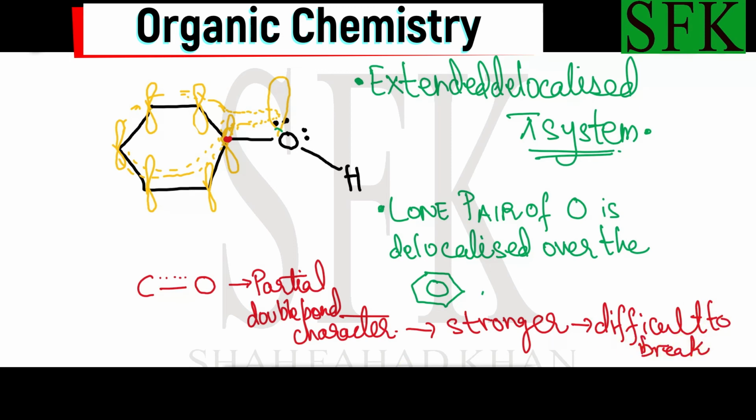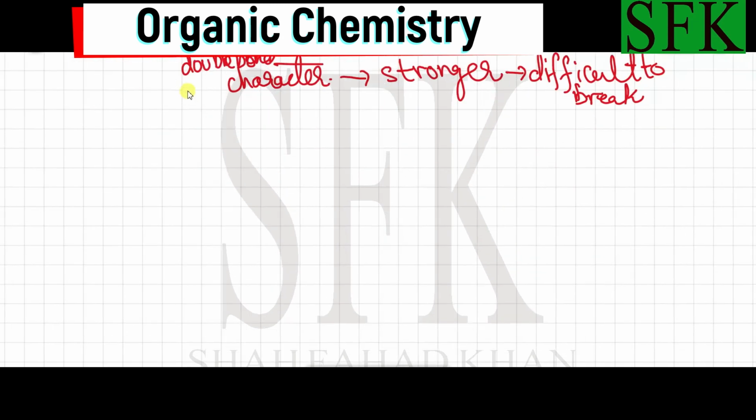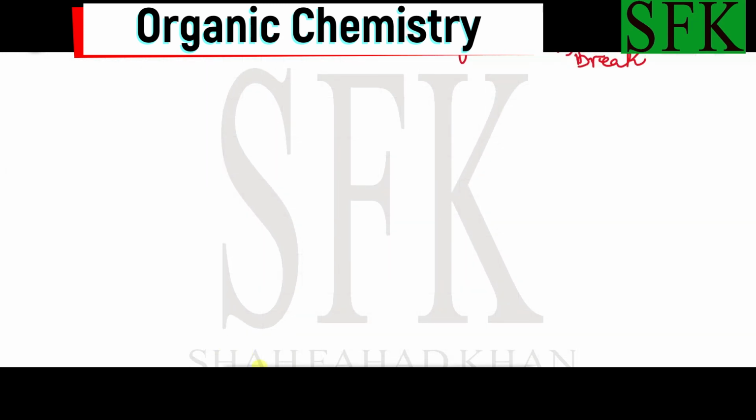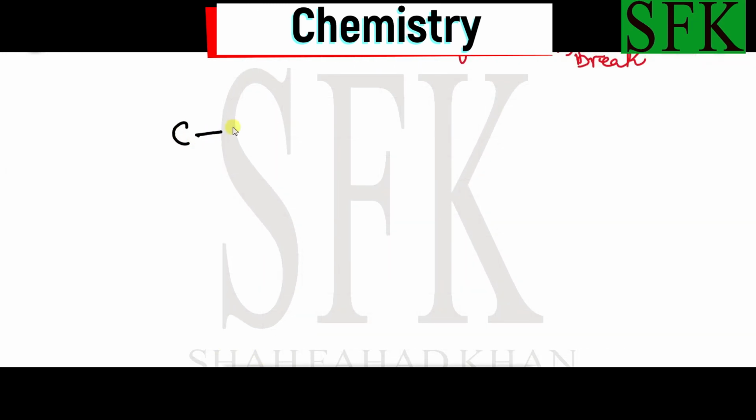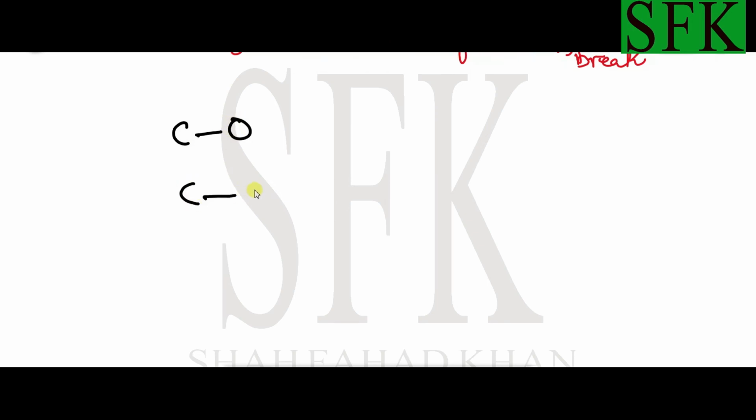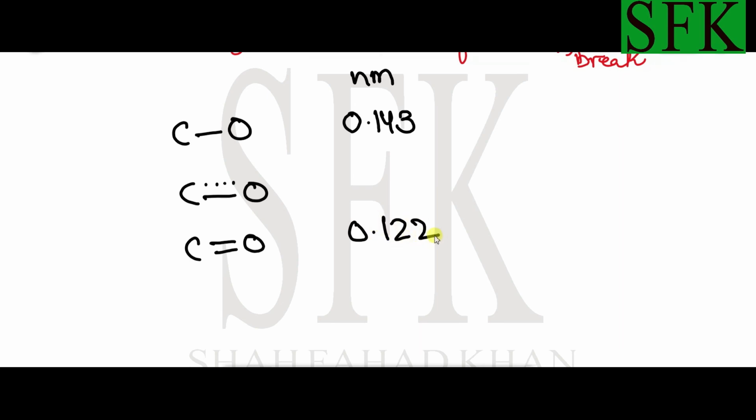If we compare the bond lengths of the carbon-oxygen single bond, the carbon-oxygen bond in phenol, and the carbon-oxygen double bond, in nanometers: the carbon-oxygen single bond, for example in alcohols, has a bond length of approximately 0.143 nanometer. The carbon-oxygen double bond has a bond length of 0.122 nanometer.